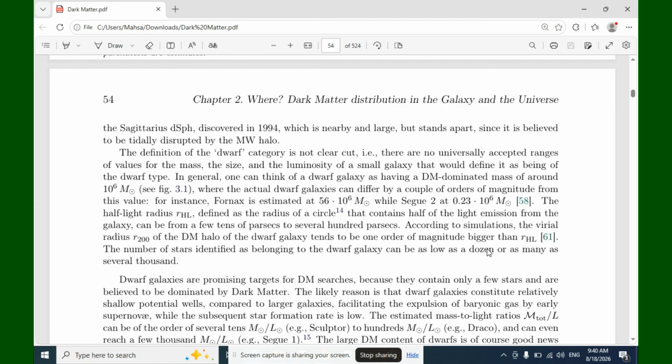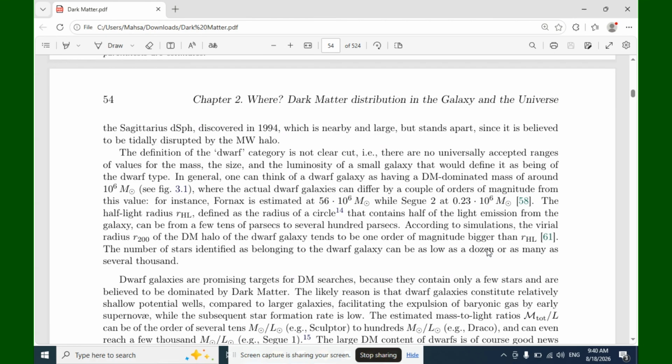The half-light radius, defined as the radius of the circle that contains half of the light emission from the galaxy, can be from a few tens of parsecs to several hundreds of parsecs, according to simulations.